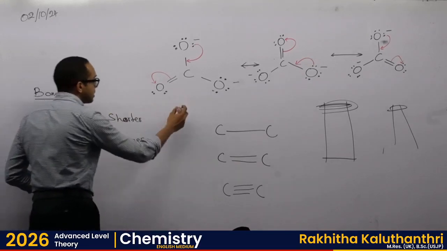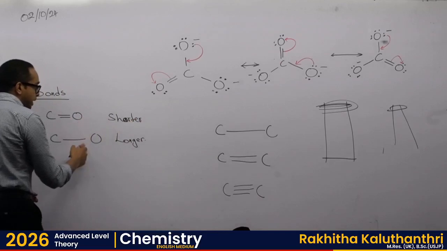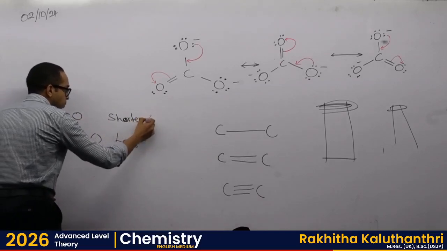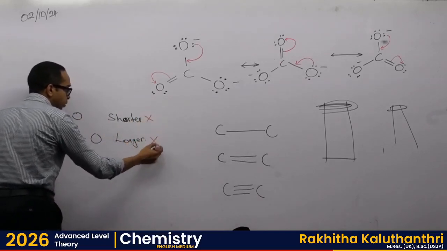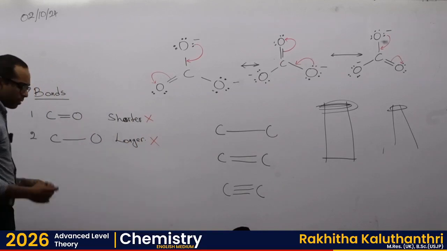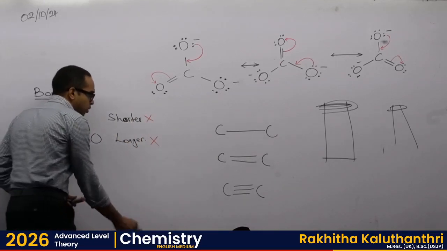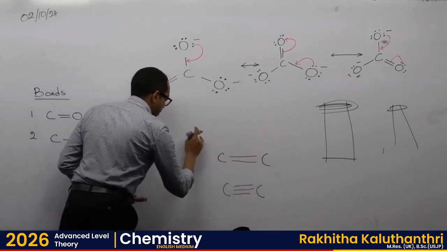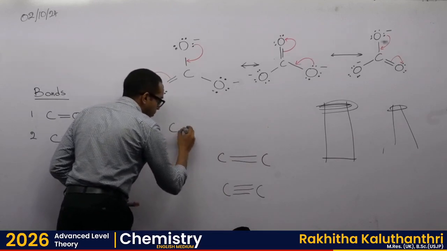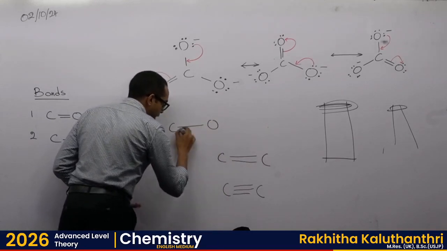The machine says you don't have two different types of bond lengths. We don't have this bond length, we don't have this bond length either. The machine says there is some sort of bond that is in between a single bond and a double bond.